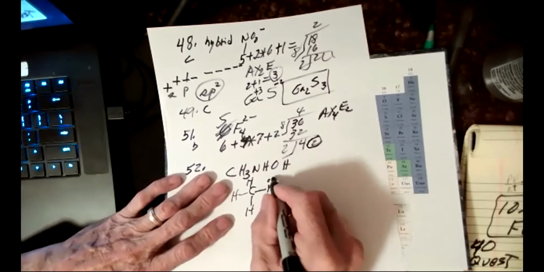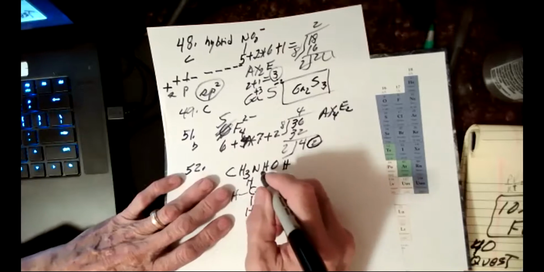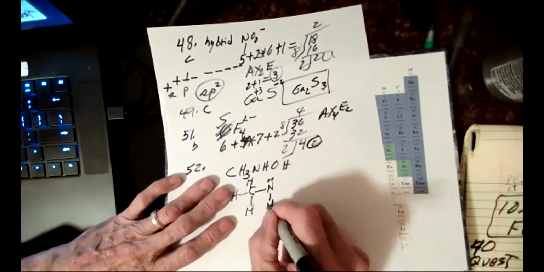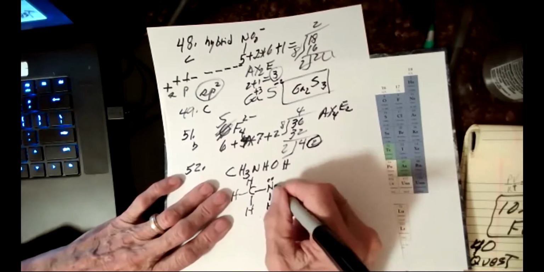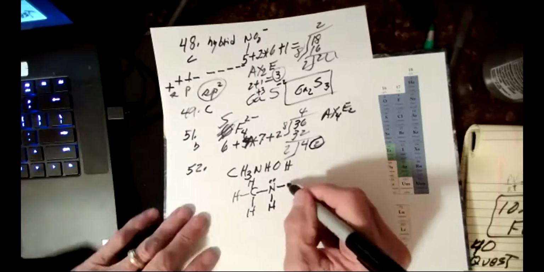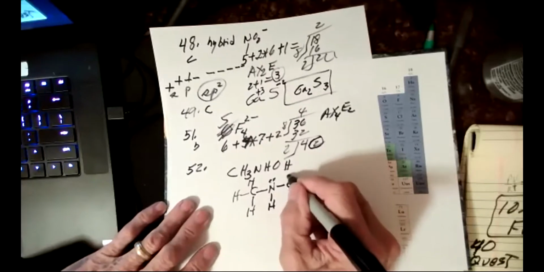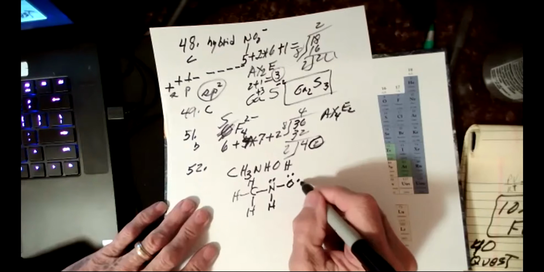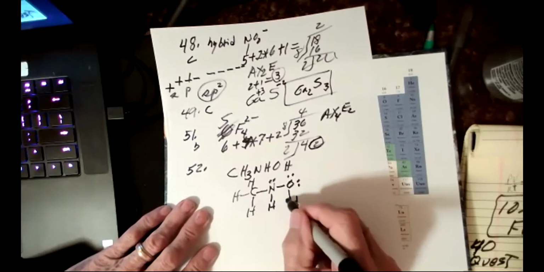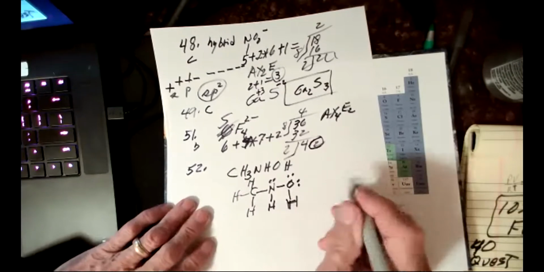Now nitrogen has to have a lone pair, so I'm going to put it in before I forget. That hydrogen has to be off to the side. So it has to be there. And now the next one is going to attach the nitrogen to the oxygen. I'm going to put the 2 lone pairs that are required for the oxygen there and the other hydrogen here. Okay, now I've got my structure.